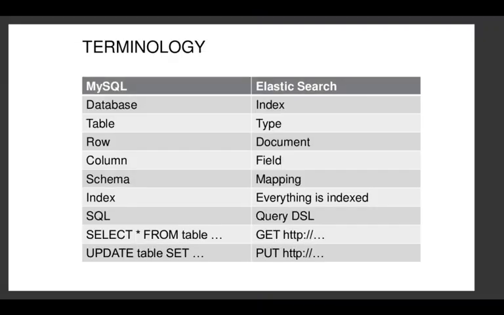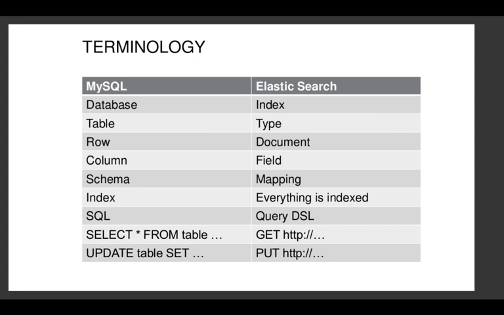Let me give you the terminology used in Elasticsearch. If you are coming from RDBMS, or you're familiar with relational database systems like MySQL, Oracle, Postgres, you're familiar with terms like database, tables, rows. On the same concept, Elasticsearch has different names. On RDBMS we say database; on Elasticsearch we call it index.